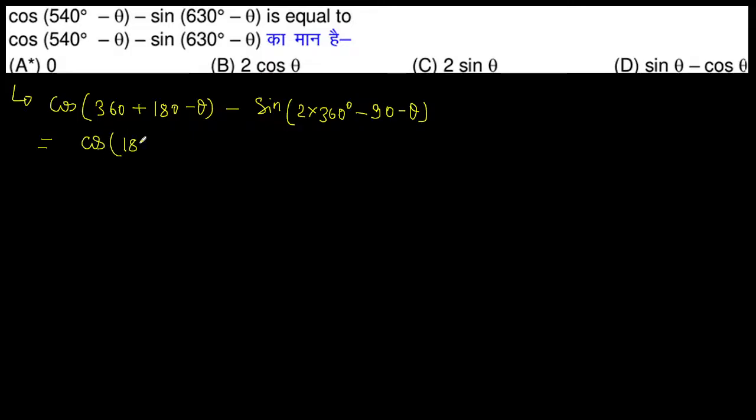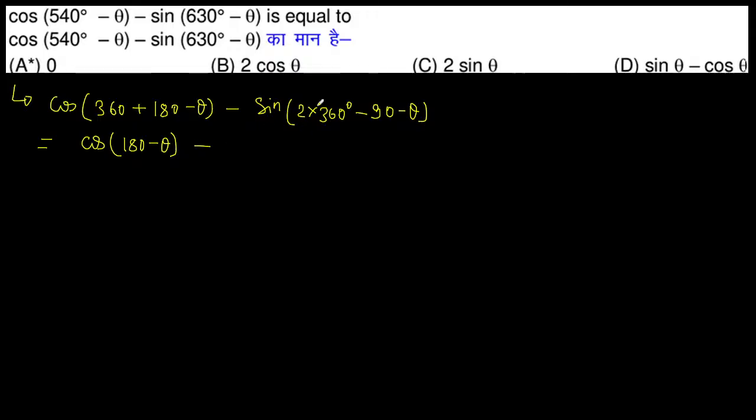Can we write this as cos 360 plus 180 minus theta minus sine? Can we say it as 2 times 360, which is 720, minus 90 minus theta? 360 plus theta is nothing but cos 180 minus theta.